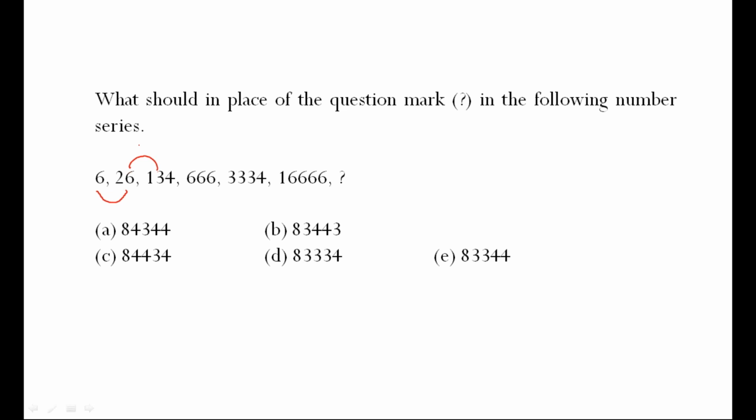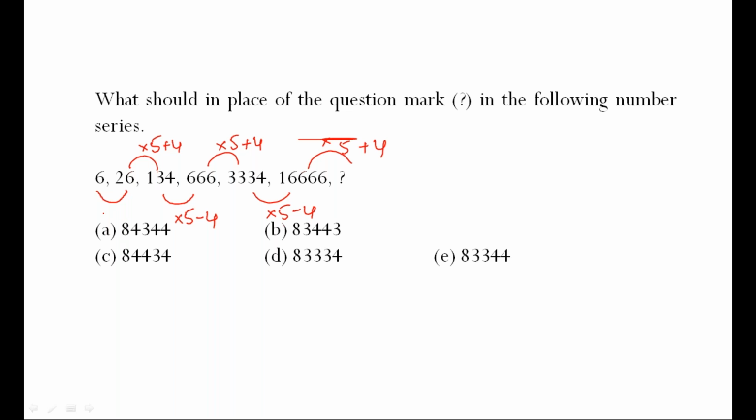See this, guys. 26 into 5 is 130 plus 4. 134 into 5 is 670 minus 4 is this. Whereas here, into 5 plus 4, again here if you just check, this is into 5 minus 4. Here you have to perform into 5 plus 4.